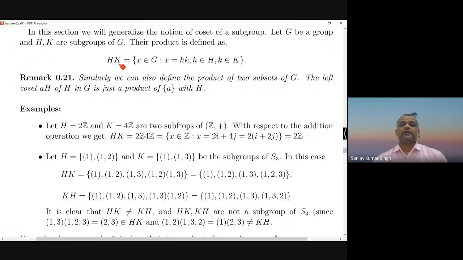You have seen this just now, because the set of left cosets is nothing but a product of two subsets: one subset is just the singleton {a}, and the other subset is H.